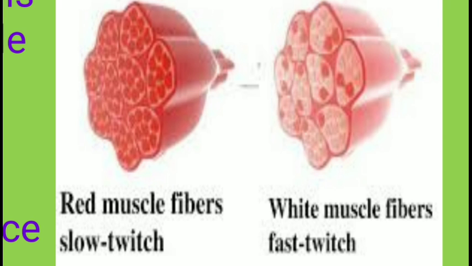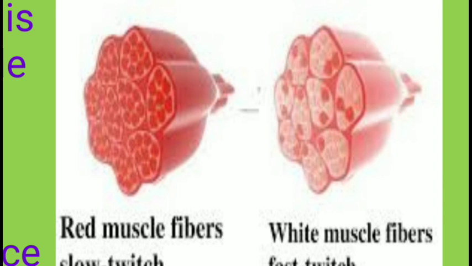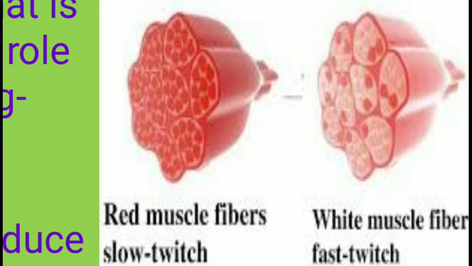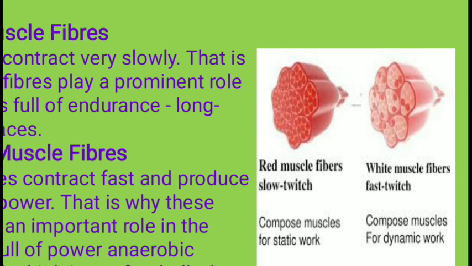Whereas the white muscle fiber, you can see it seems to be white, and there are a few red fibers. Clear? That means the proportion of white muscle is more as compared to red, whereas in the red muscle there is more red as compared to white. Clear?